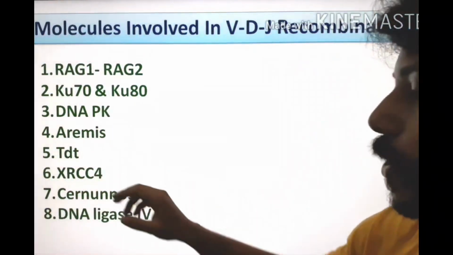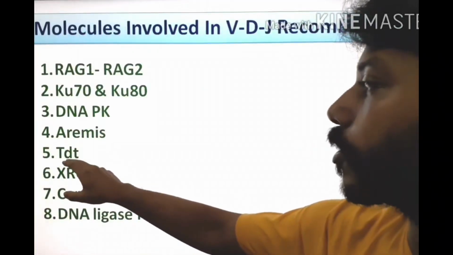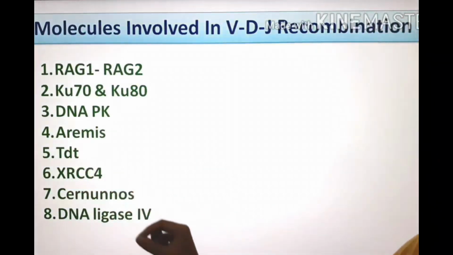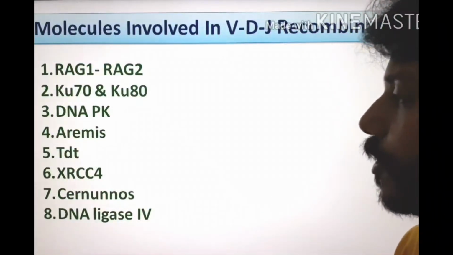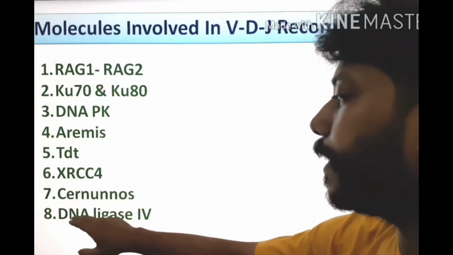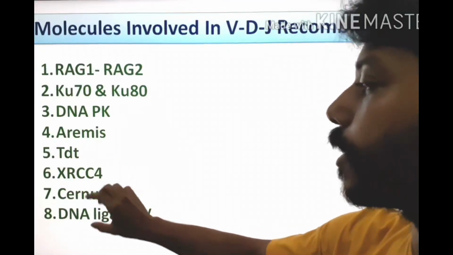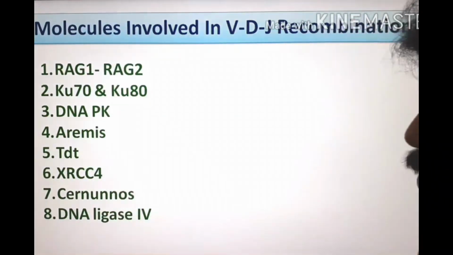Then Artemis clips the hairpin loop. TDT means terminal deoxynucleotidyl transferase. This enzyme has a very important role in VDJ recombination. XRCC4, Cernunnos and DNA ligase 4 work together to ligate the two gene segments.